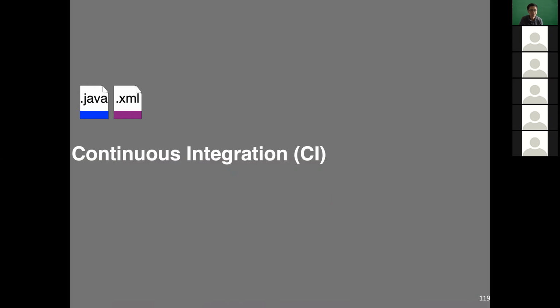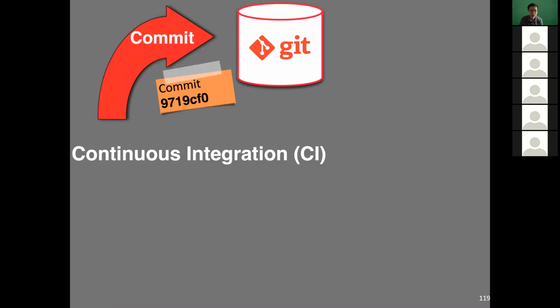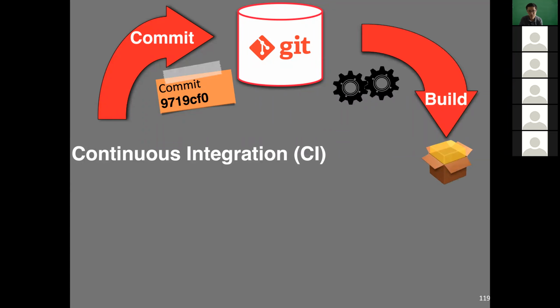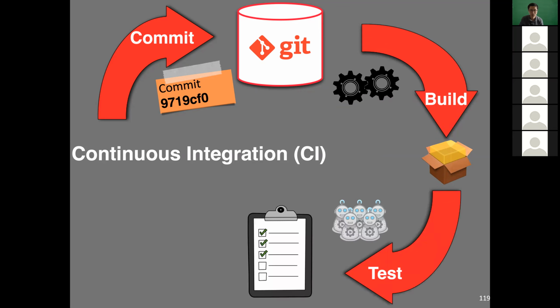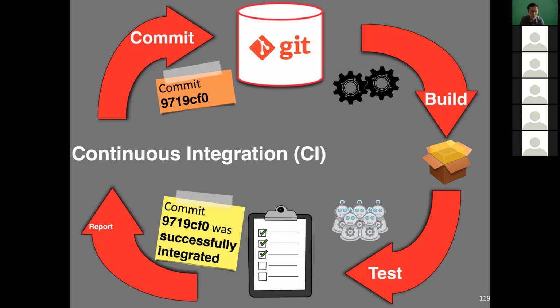After we make a code change, right? We make a commit, for example, on GitHub. We need to compile the system, right? To build the system. Then we need to test the system. And if the test passed, then we make this commit to the repository successfully.